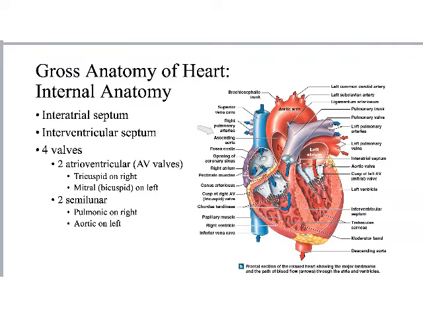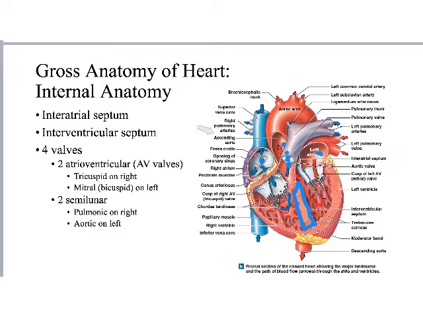The interatrial septum is difficult to see on any of the pictures because the great vessels overlie the area where it is located. So you'll just have to imagine that in between this right and this left atrium, there's a septum. You can, however, see the septum between the two ventricles because that's actually quite large, and so that's easy to see.